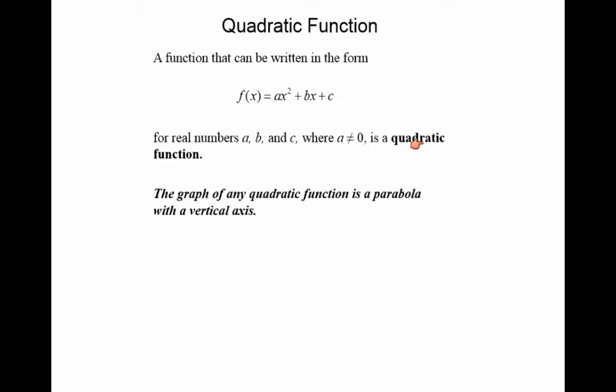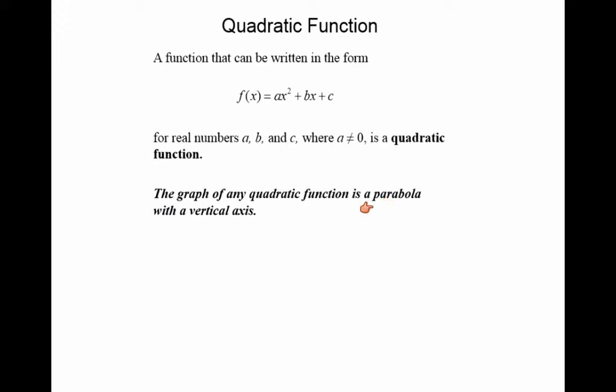So if you have this form here, then this is a quadratic function and looks like a parabola. The simplest form of parabola that we just graphed, y equals x squared, has a equal to 1, b equal to 0, and c equal to 0. So f of x or y equals x squared is the simplest form of parabola.